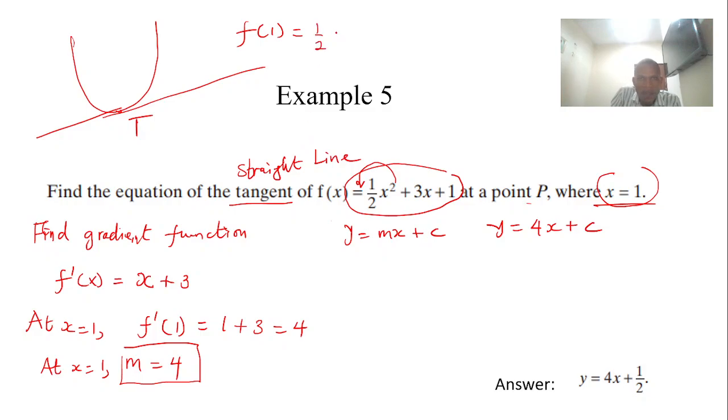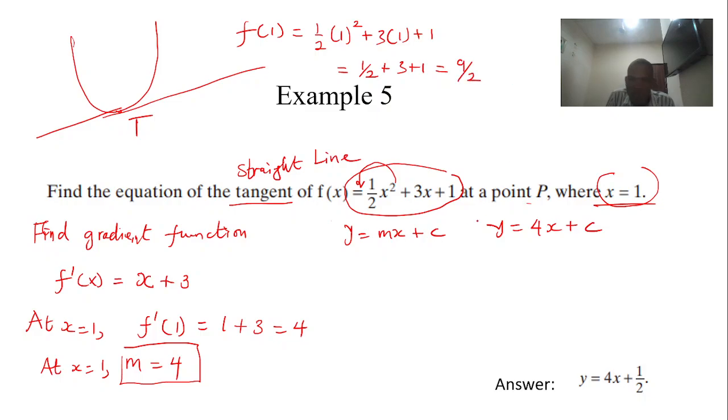You have half into 1 all squared, then plus 3 bracket 1, then plus 1. Now this gives us half plus 3 plus 1. Obviously this is 4.5, and this is 9/2. So the value of the function f of s at s equals 1 is 9/2.